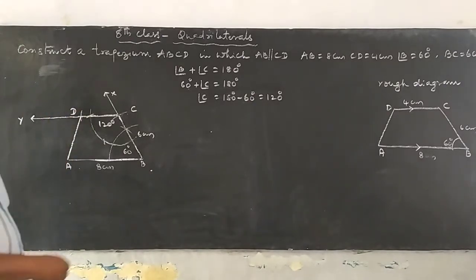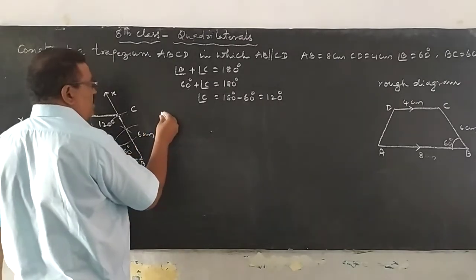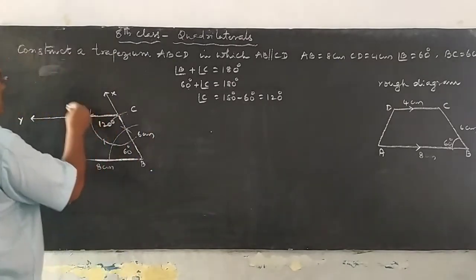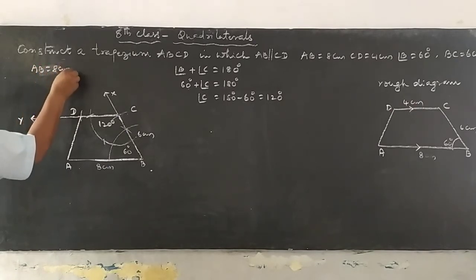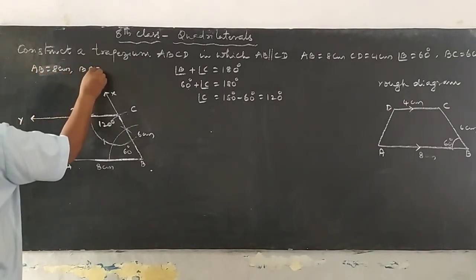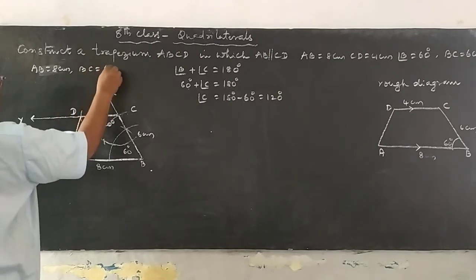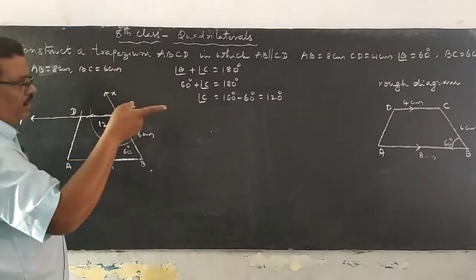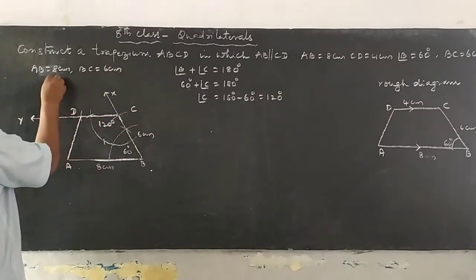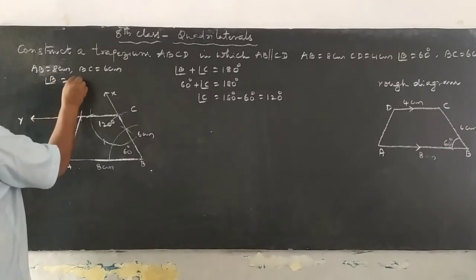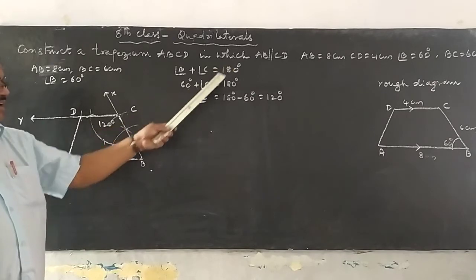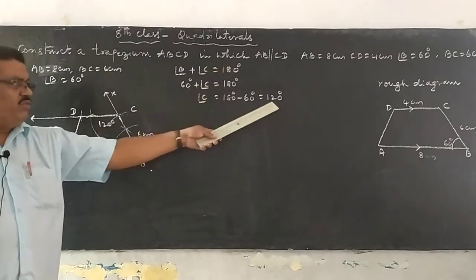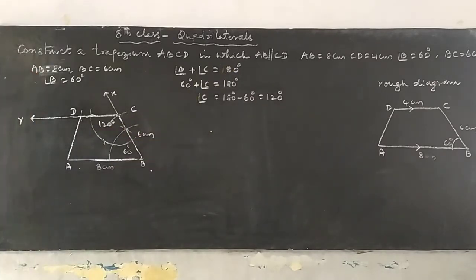Once again, I have to say the analysis and the steps of construction. What is the analysis? AB is equal to 8 centimeters, BC is equal to 6 centimeters, angle B is 60 degrees. This is given. We know that angle B plus angle C is 180. From this angle C is 120 degrees, children.